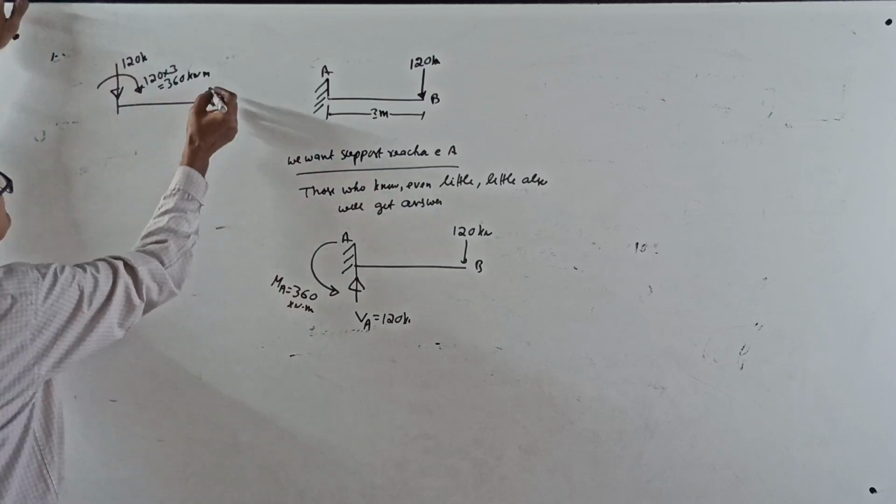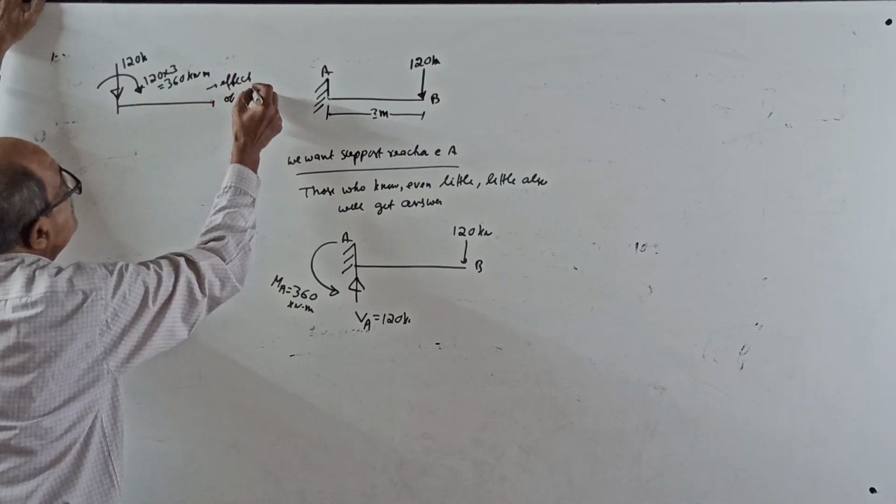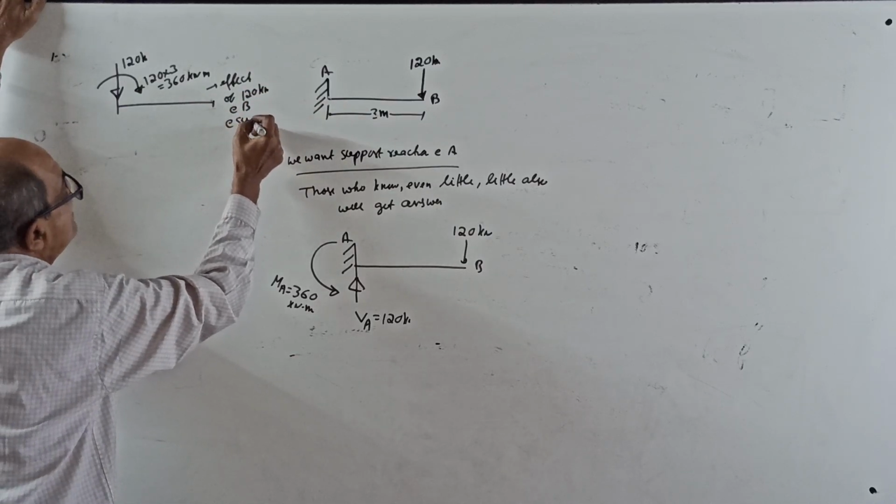This is the effect of 120 kN at B on support A.